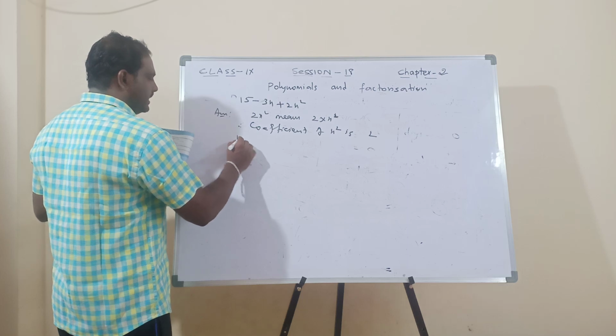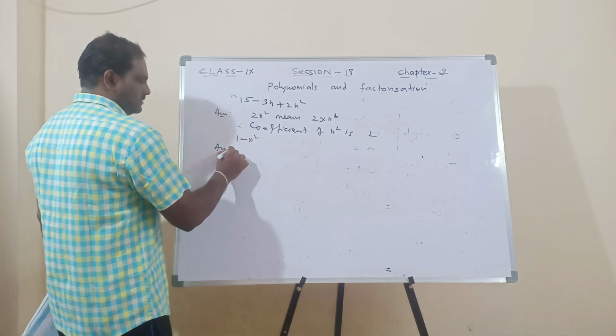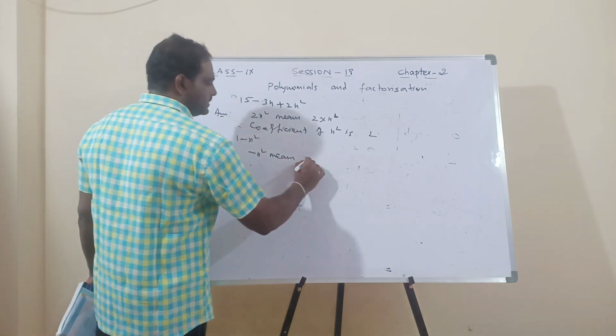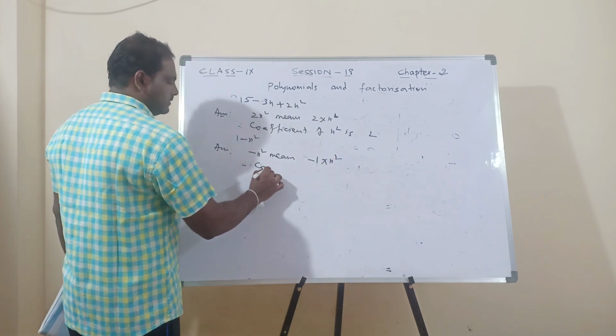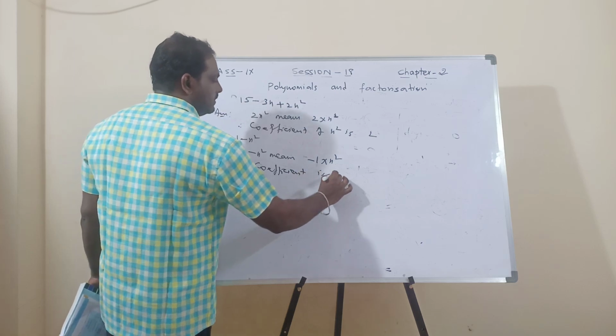Next, 1 minus x square. Answer, minus x square means minus 1 into x square. So therefore coefficient is minus 1.